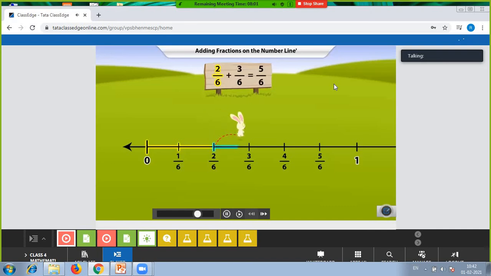And to add 3 by 6 to 2 by 6, he simply hops across another 3 parts, starting from his position at 2 by 6. Thus, Raghu reaches the required sum, that is 5 by 6.